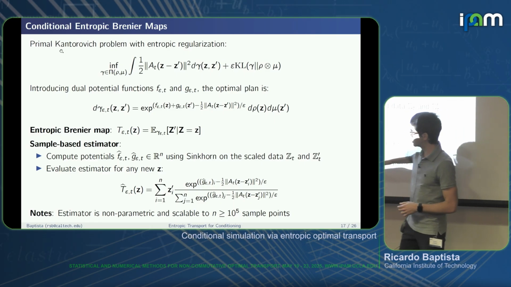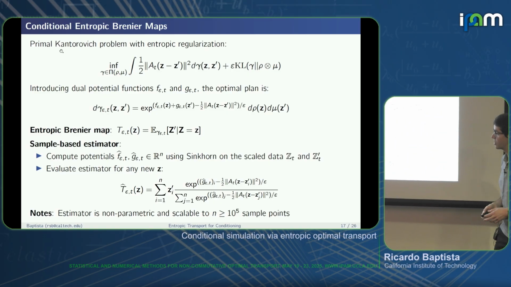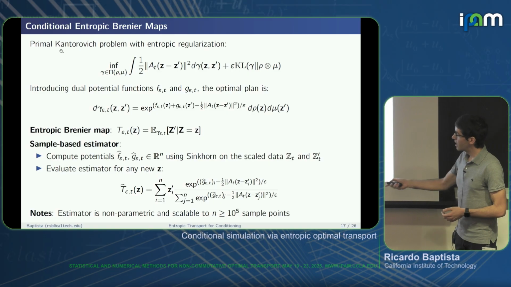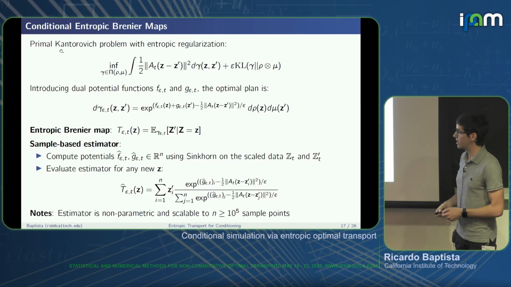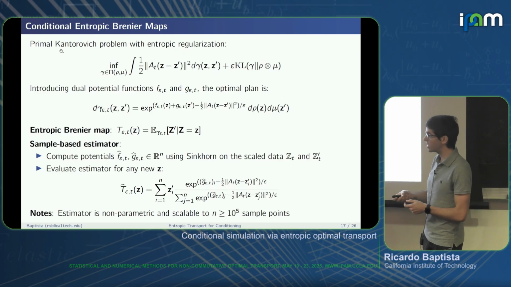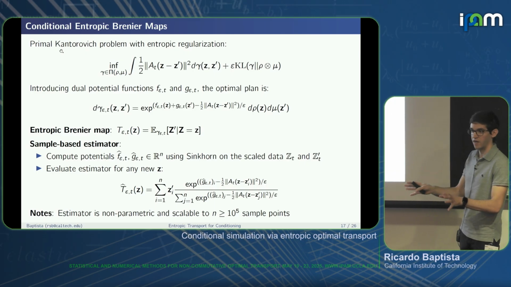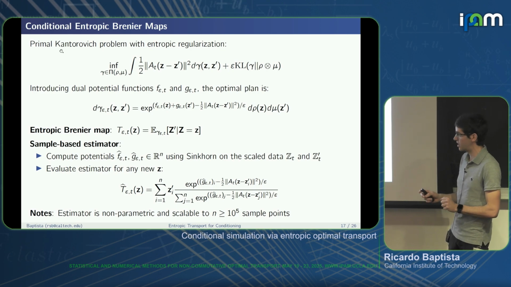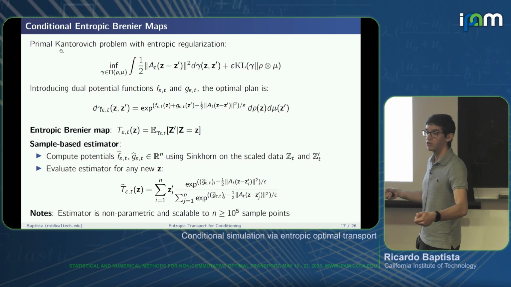You'll see that it's a linear combination of the target samples that I denote as z prime. But it's a map that is a function of any z. So it's a map learned on the basis of a finite number of samples from the source and the target, but actually extends to any new input.